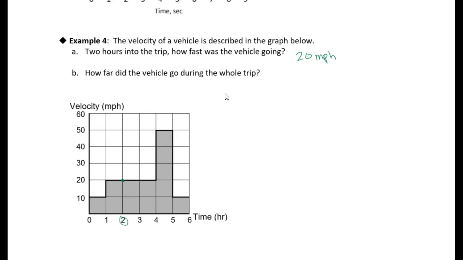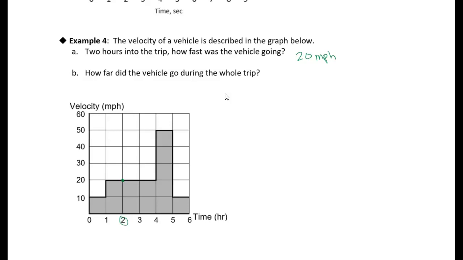Now, the second question is asking, how far did the vehicle go during the whole trip? Okay, so again, we can figure out how far this vehicle went. We can look at the total displacement by looking at the area under this curve. Okay, and notice that it's got this nice little grid, right?